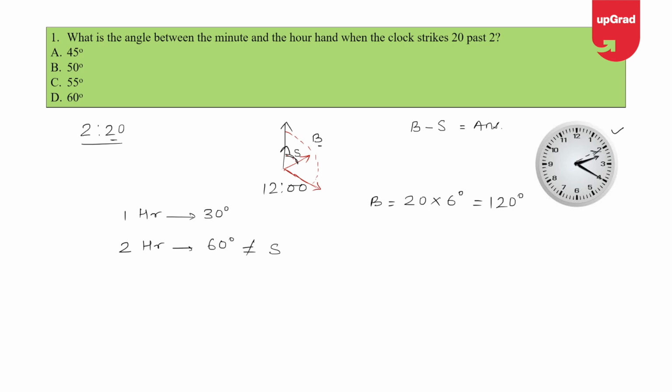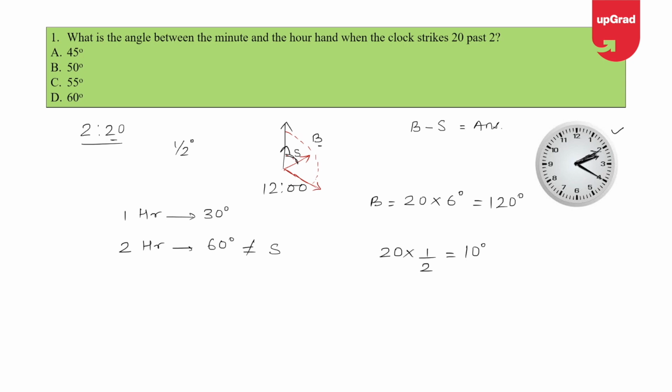So in what time has this drift happened? This drift has happened in 20 minutes. And every minute my hour hand travels half a degree. That means in 20 minutes, the drift would be 20 multiplied by half, and that's equal to 10 degrees.